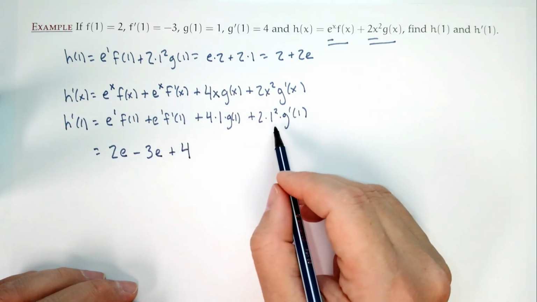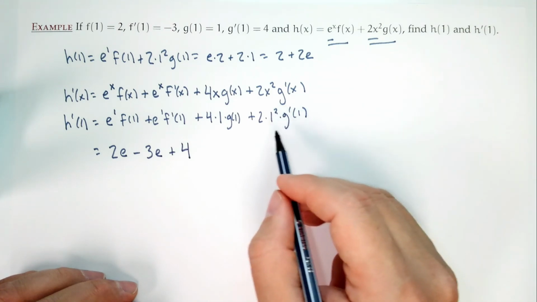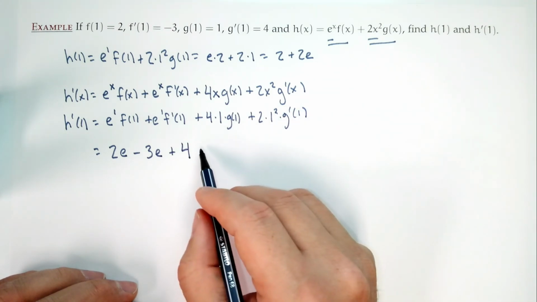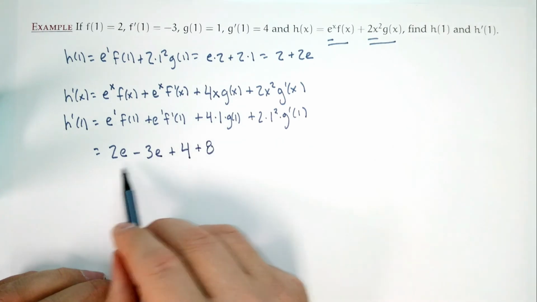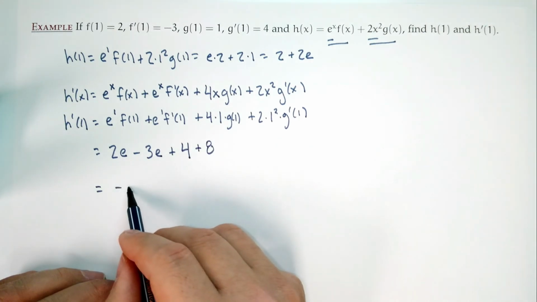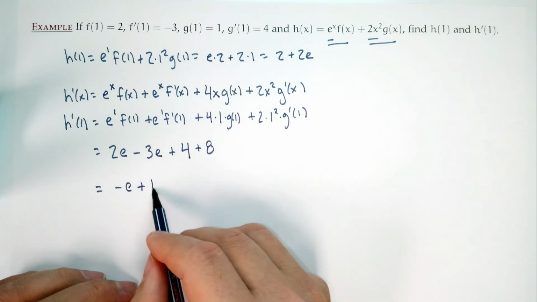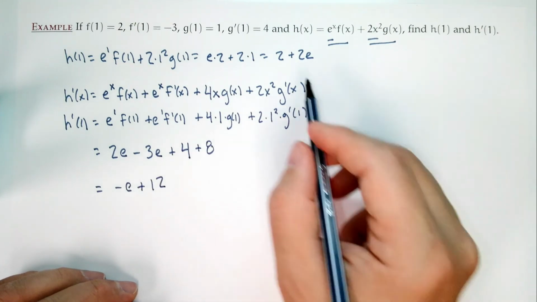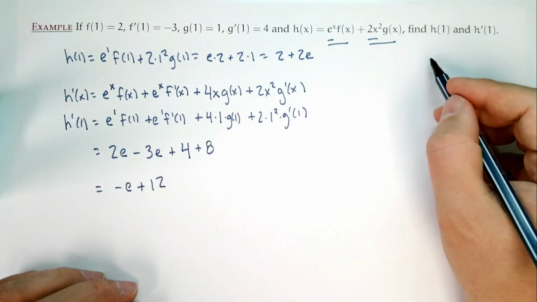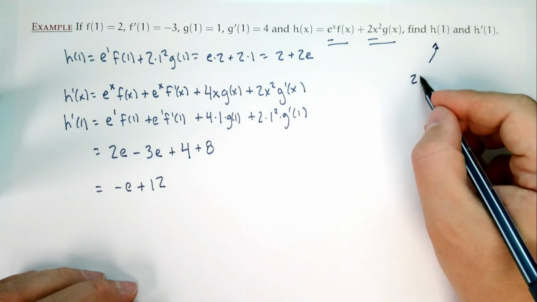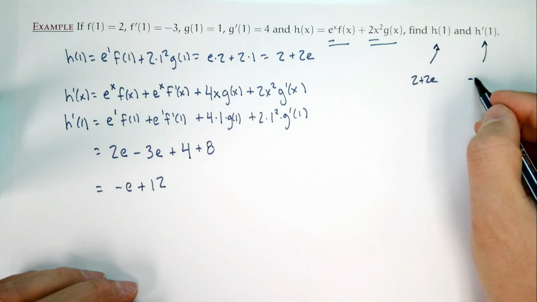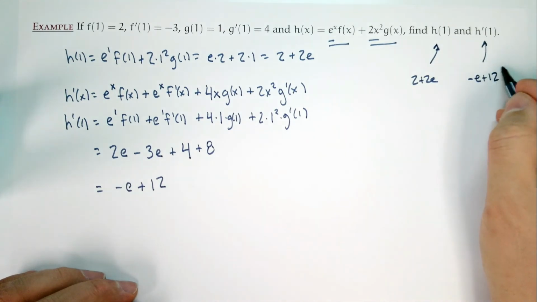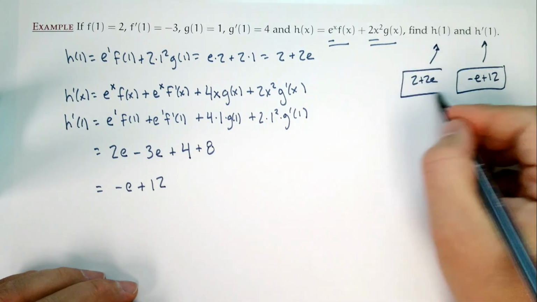Plus 2 times g prime of 1. So that's 2 times 4, which is 8. So 2e minus 3e is negative e plus 4 plus 8, which is plus 12. So our answers are h of 1 is 2 plus 2e, and h prime of 1 is negative e plus 12. Good. And there we go.